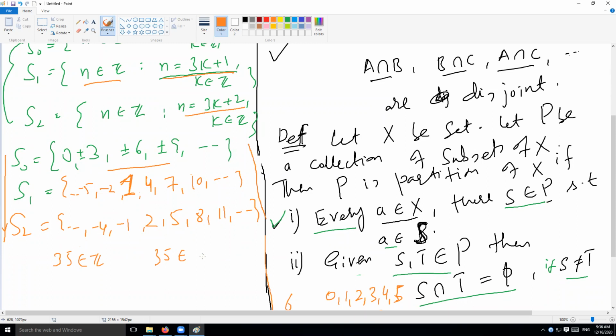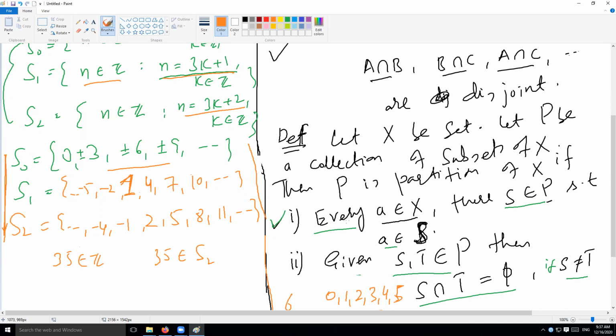S2. So it's going to be in S2, right? So no matter what number you take from the set of integers, all integers are present in one of these sets actually.